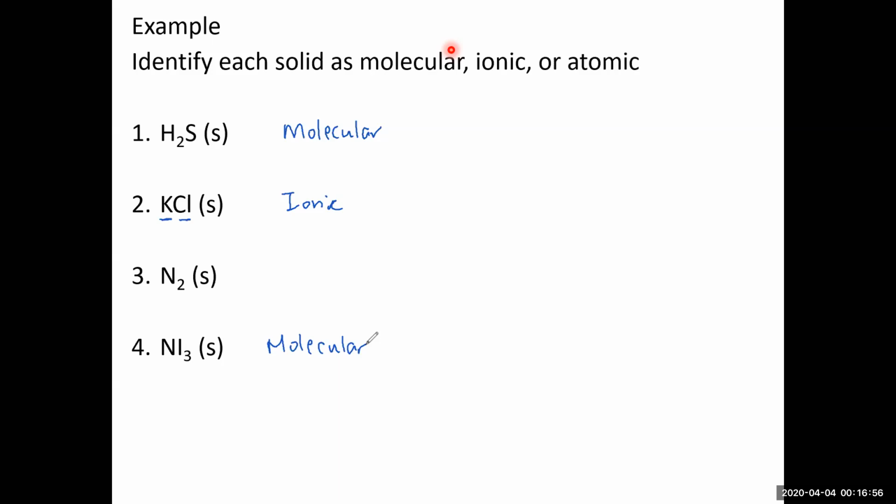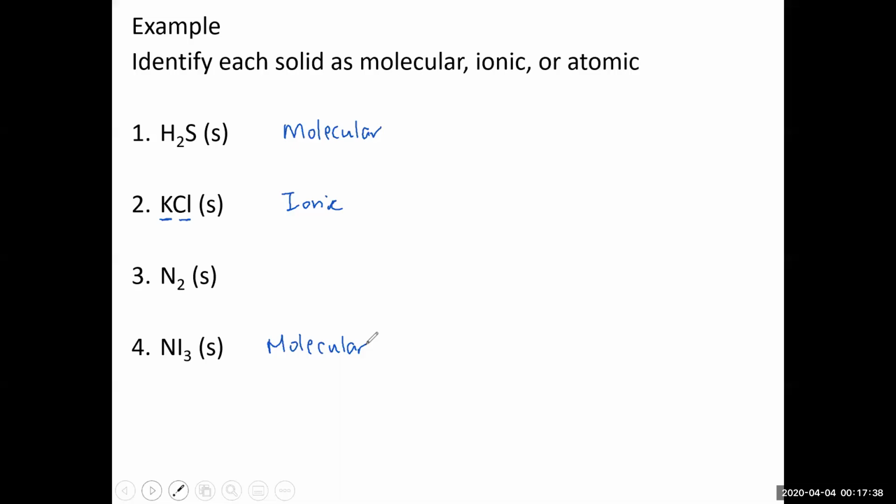And then lastly, let's look at number three. Number three is what we've learned to call a diatomic molecule, N2, but classifying it as either a molecular, atomic, or ionic solid. Remember that we've learned that we can have what is considered a covalent atomic solid.